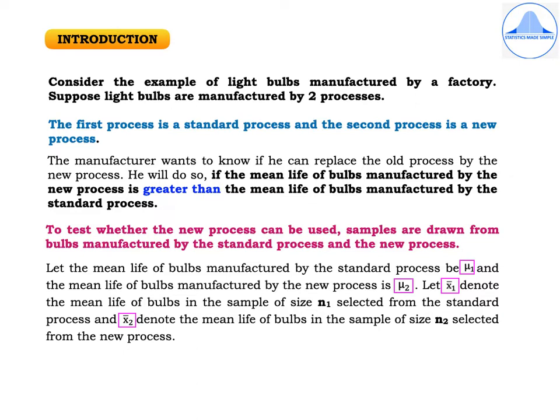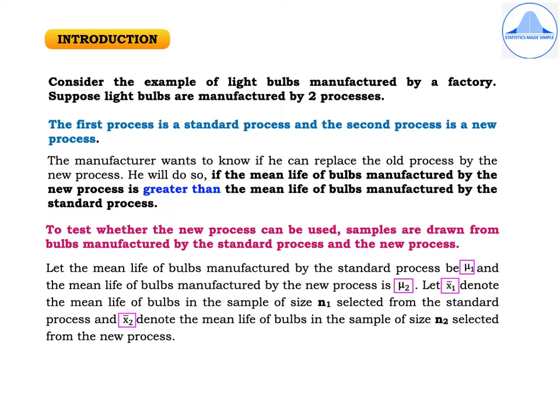So, to test whether the new process can be used, samples are drawn from bulbs manufactured by the standard process and the new process. Let the mean life of bulbs manufactured by the standard process be mu1. Here we are considering all the bulbs which are manufactured in the standard process, which is the population, and hence the mean life of bulbs is denoted by mu1.